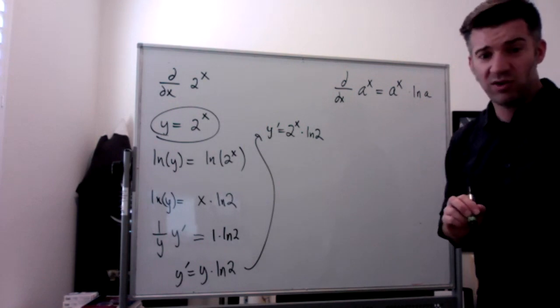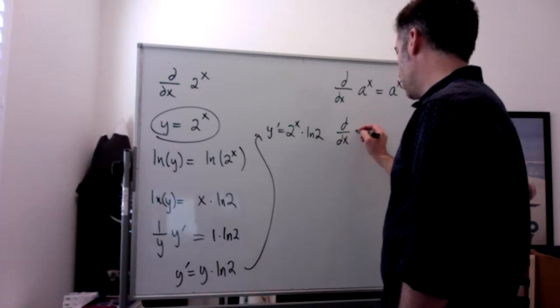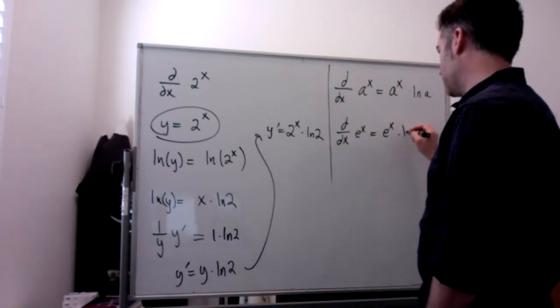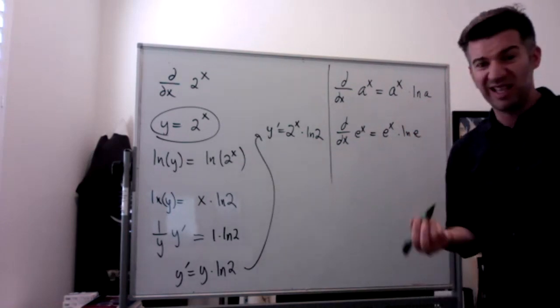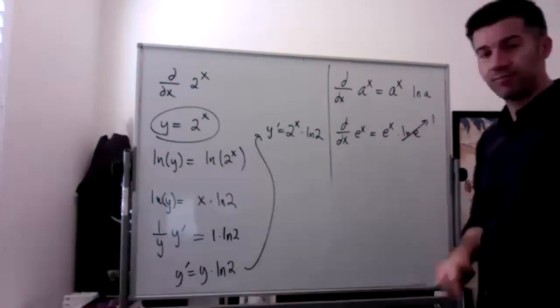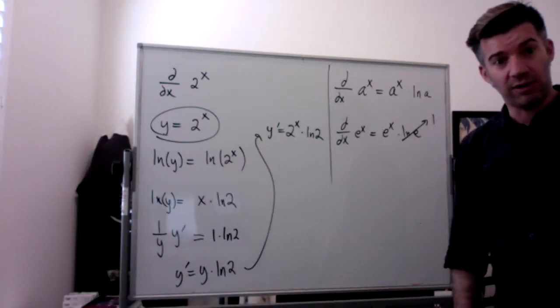In fact, it's also true if your base is e. The derivative of e to the x is e to the x times the natural log of e. It's just the natural log of e is equal to 1. So that's kind of great.